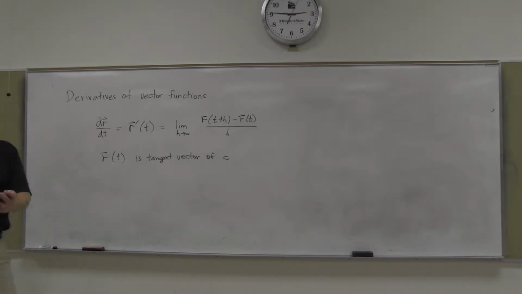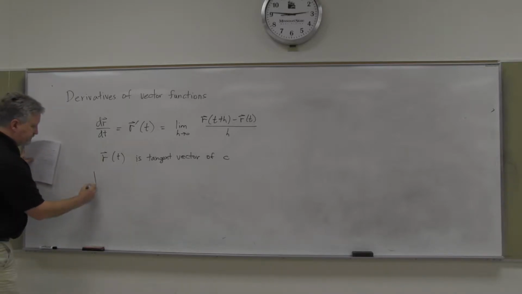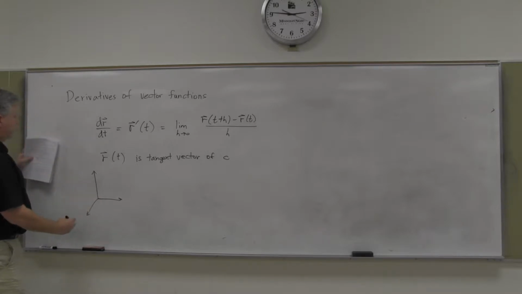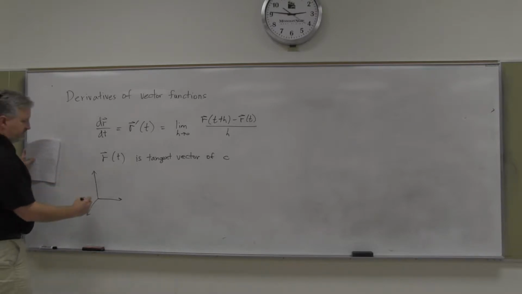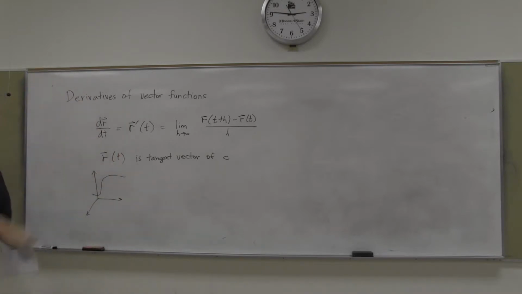So in a three-dimensional general view, let's say we've got this space curve, whatever it looks like, in and out wherever it goes.